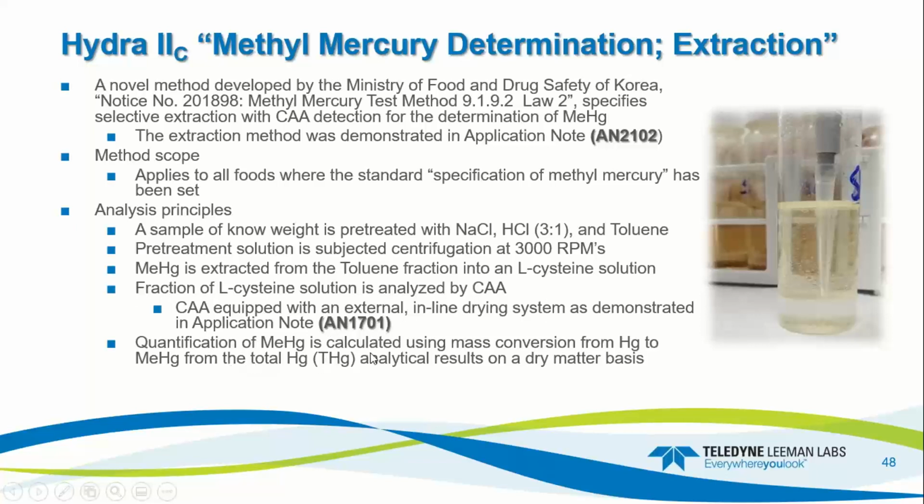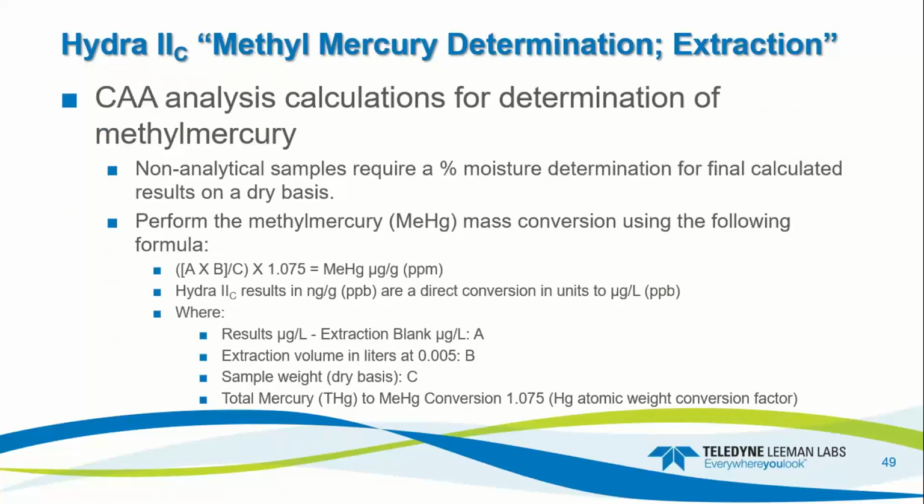And then to quantify, the methyl mercury is calculated by using mass conversion to elemental mercury and then to methyl mercury from the total mercury that's dry value within the system.